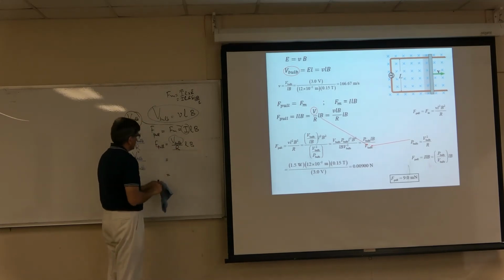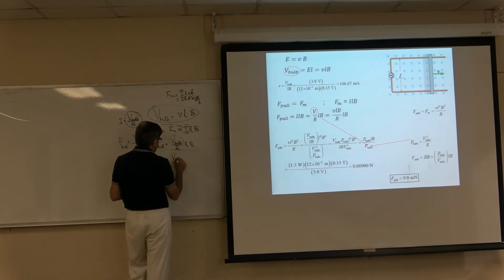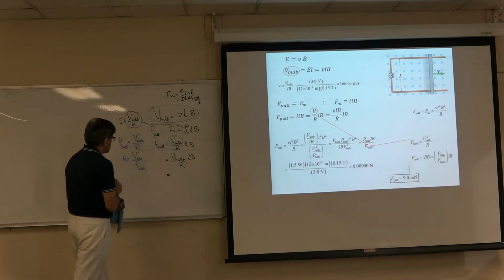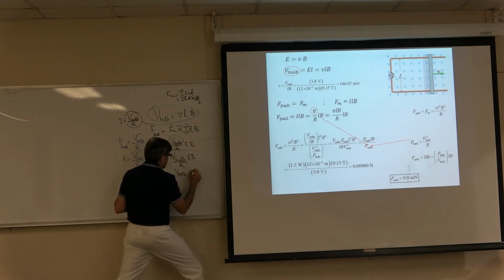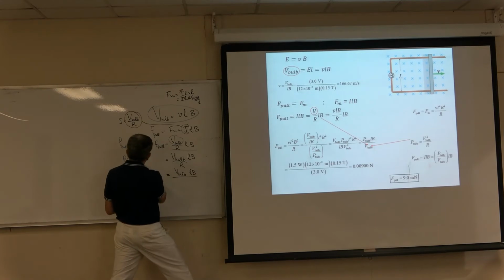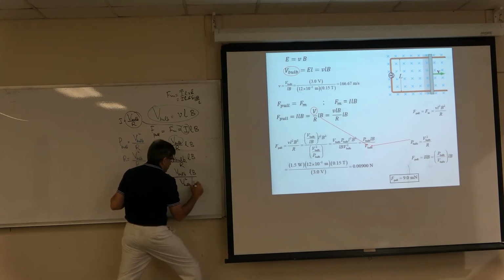So I have V of the bulb, you can use the velocity, that's fine, there's no problem with that, L times B over R. Okay, now R is equal to this. So I'm going to replace this: V of the bulb, L times B divided by, instead of R, I can write V, the potential difference across the bulb, square divided by the power dissipated across the bulb.